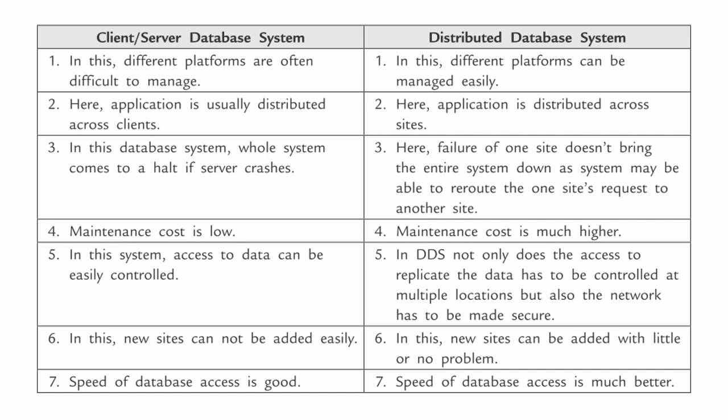When adding new sites, incorporating new sites into a client server system can be complex and disruptive. Meanwhile, for distributed, adding new sites is generally easier due to the distributed nature of the system.